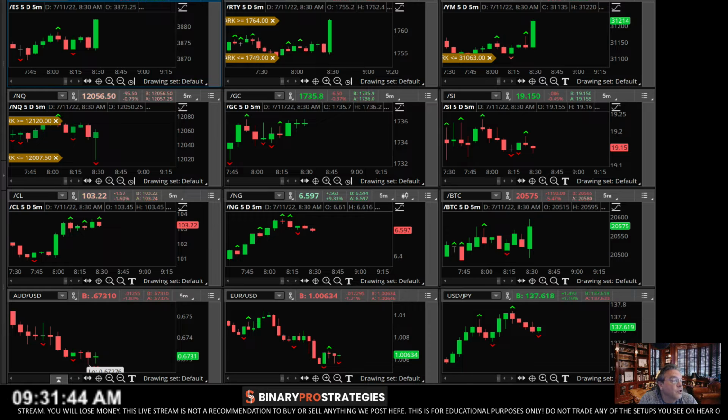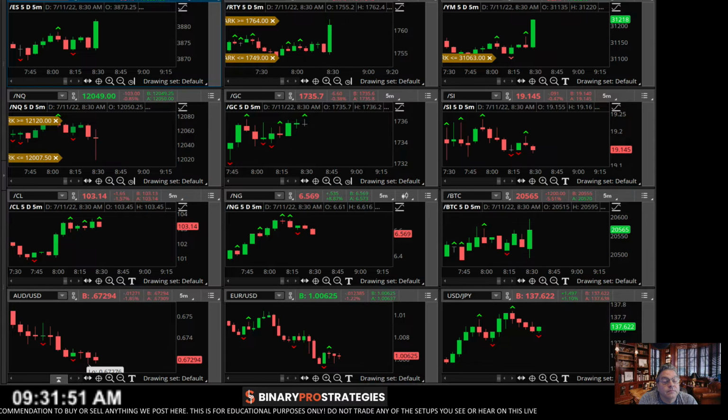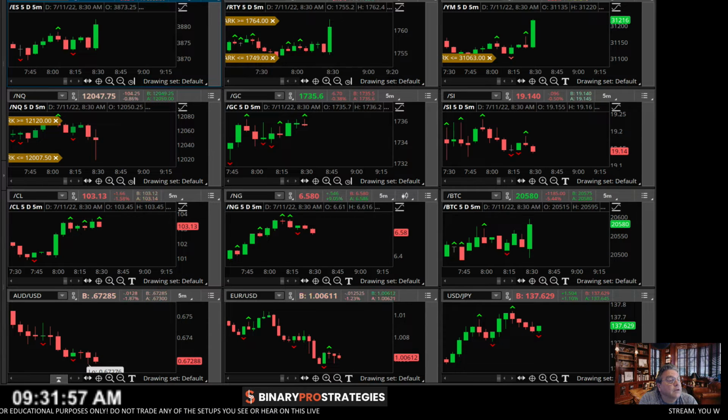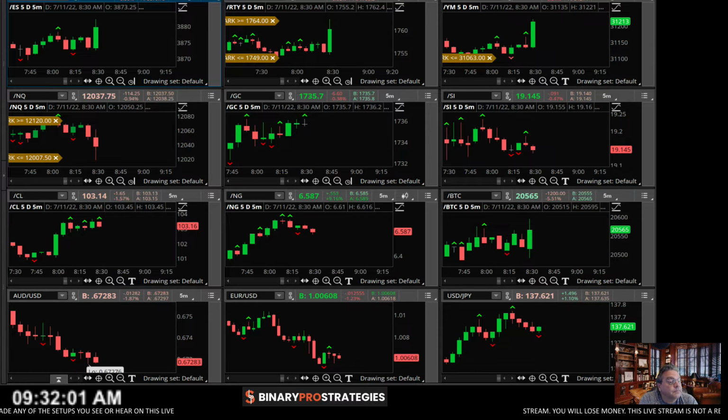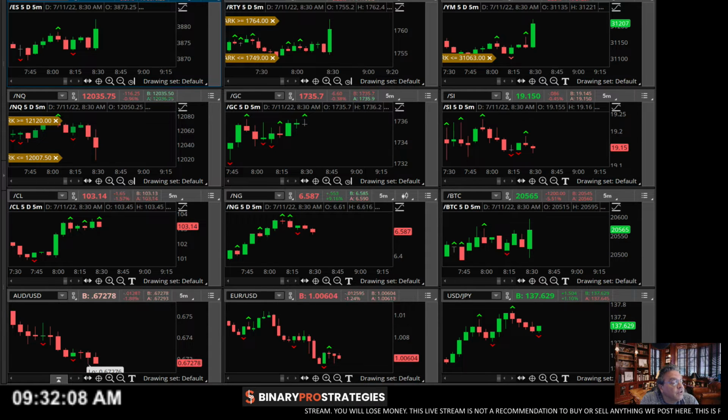Reverse buy. So we just reversed on the mini Dow. Give you a new target on that mini Dow. It's going to bring that up to 312.63.